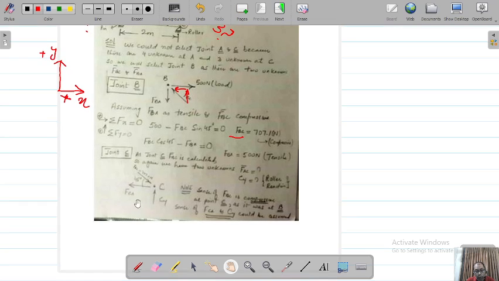And again the roller, as you know, is always going to be in the vertical direction, acting in this direction towards the positive y-axis. So we can resolve it into its respective components.